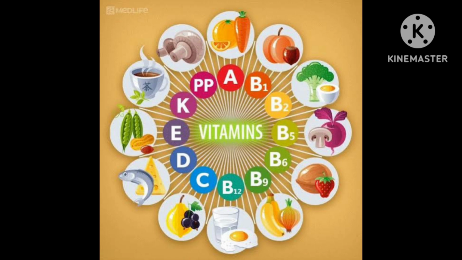Next is vitamin B12. What are the sources? Meat, fish, egg, and curd. Again, meat, fish, egg, and curd. In these you will get vitamin B12. And if it is not present in your body, meaning deficiency of vitamin B12, then which disease will take place?